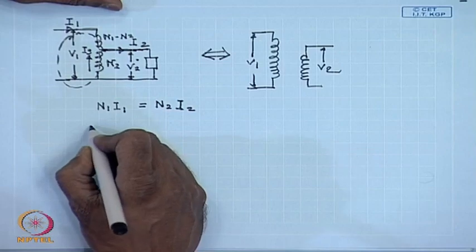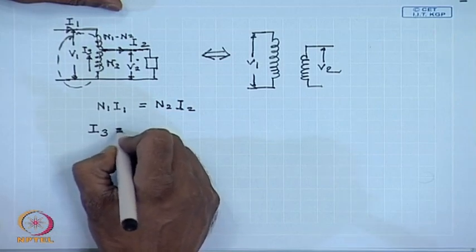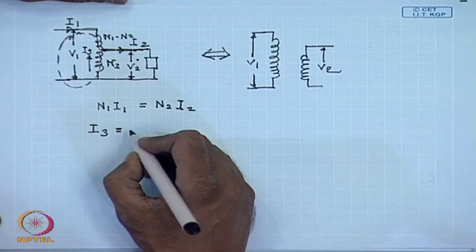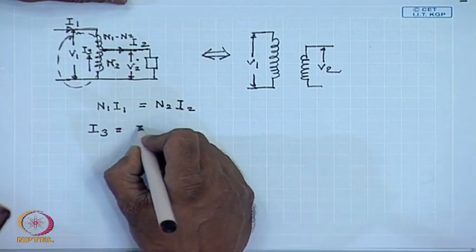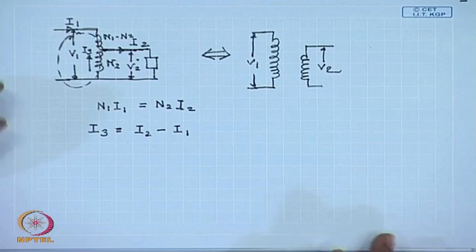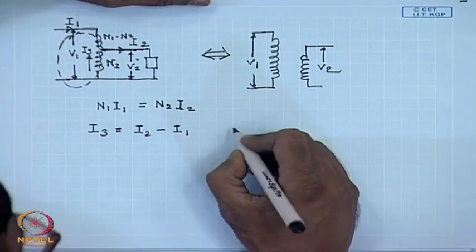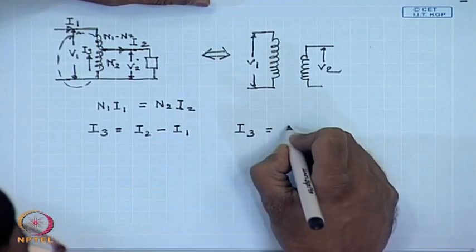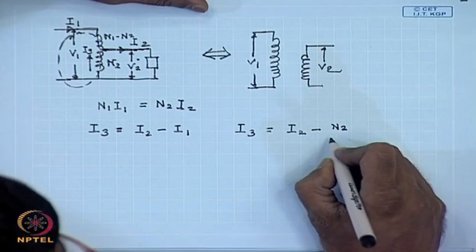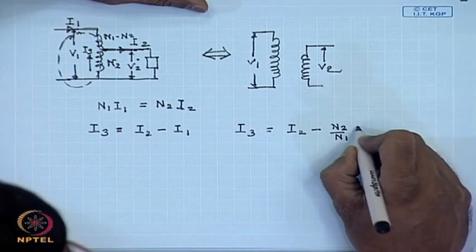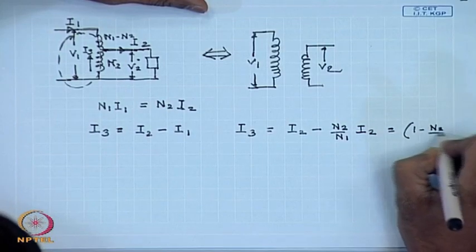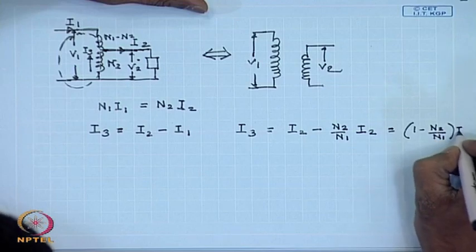Therefore, what is I3? I3 equal to I2 minus I1. In other words, I3 equal to I2 minus N2 by N1 into I2, which is 1 minus N2 by N1 into I2.